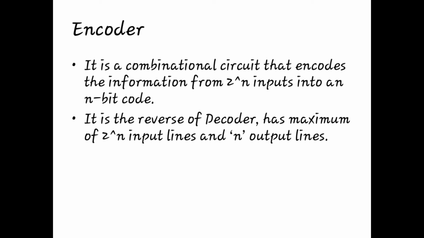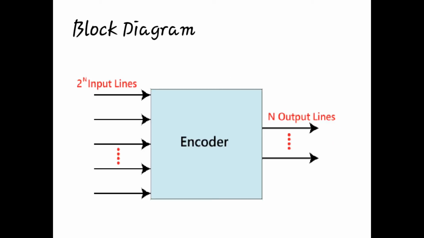From the definition, it is now very clear that it will have a maximum of 2 raised to power n input lines, and corresponding to those we will have n output lines. Now, what is the block diagram?